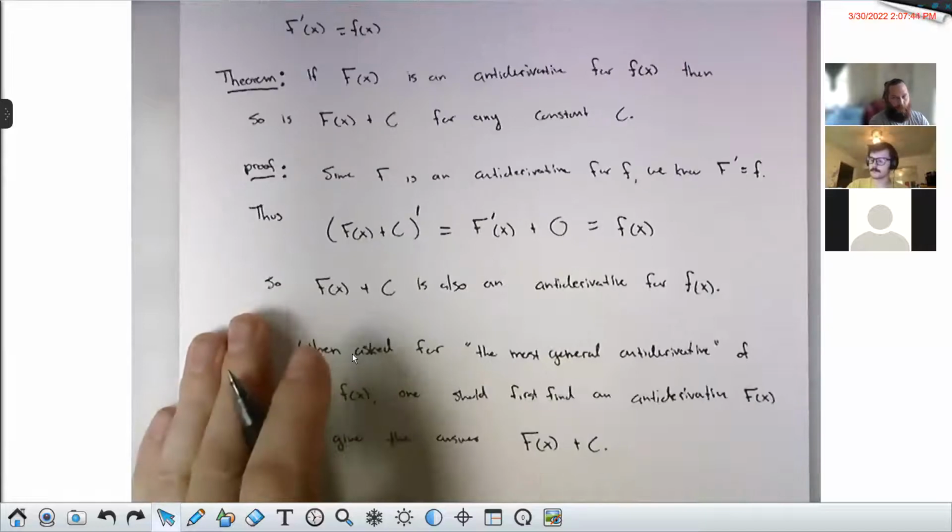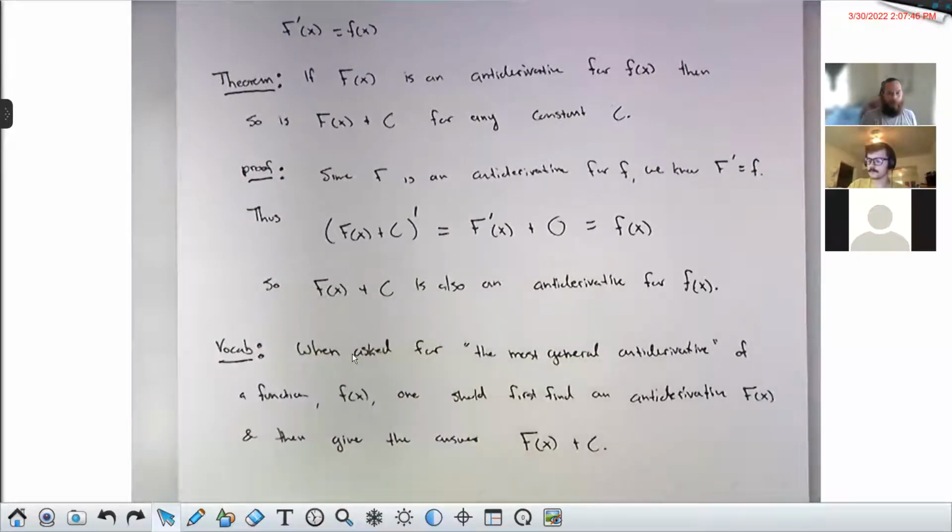This is what we mean when we ask for the most general antiderivative. And it's just a consequence of that theorem. I'll illustrate this with an example in a moment.